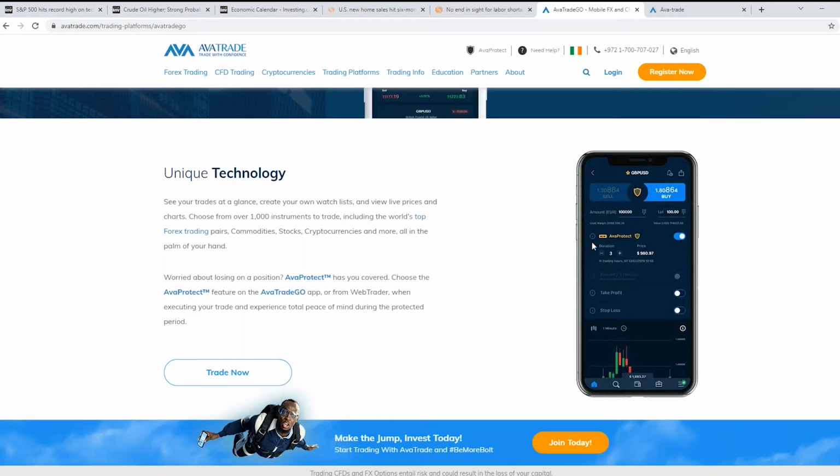Now, Ava Protect, that's a special feature that can help with risk management for a small premium cost. You can protect against any losses for defined time periods, by the hour, by multiple hours, by day, multiple days, etc. And so very cool features, very helpful for risk management.